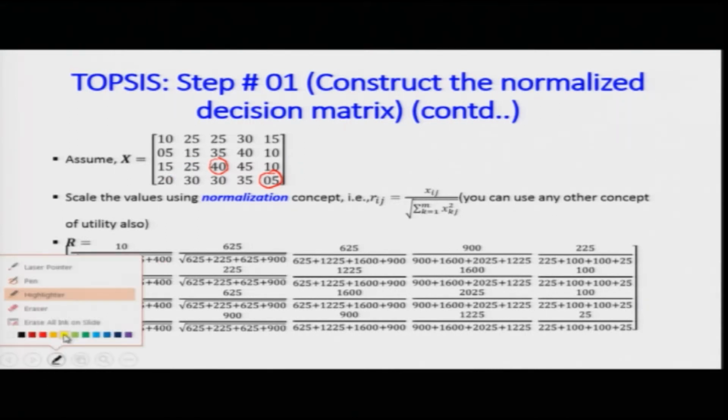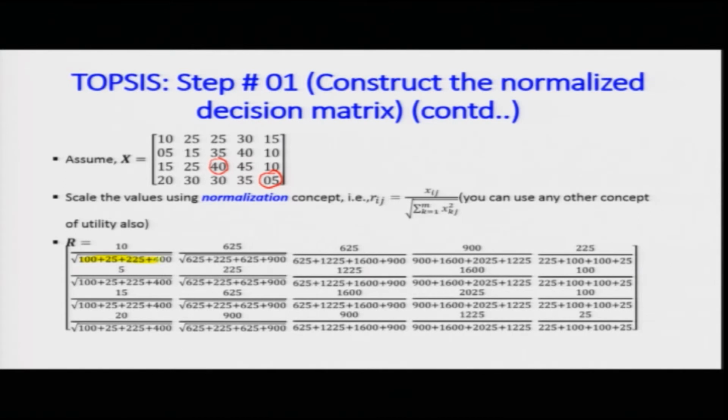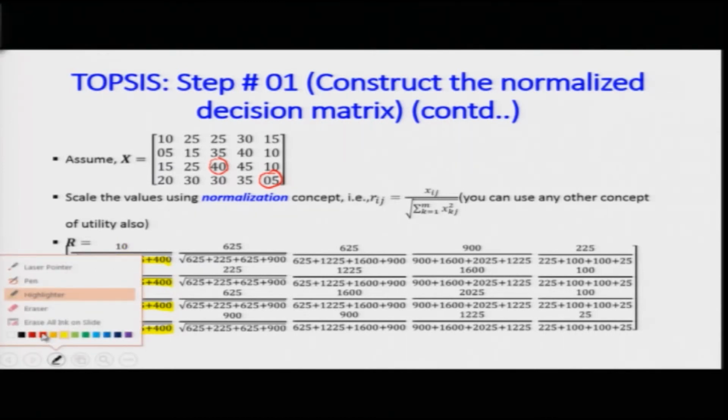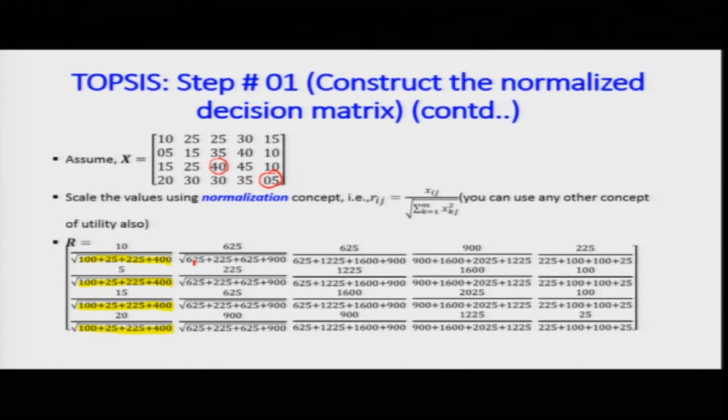This value would be used for every value calculation in the first column. Similarly, in the second column, the corresponding square values are 25 squared, 625, 15 squared, 225, 25 squared, 625, and 30 squared, 900. So, these values are given.